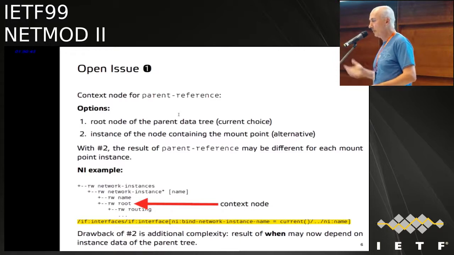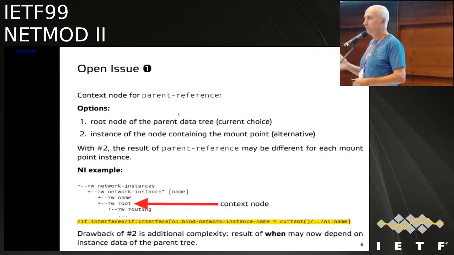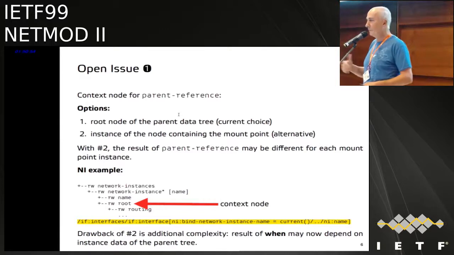So if you consider that these parent references are used for when expressions inside the mounted schema, that means that even the mounted schema somehow depends on stuff that's in the parent data tree.